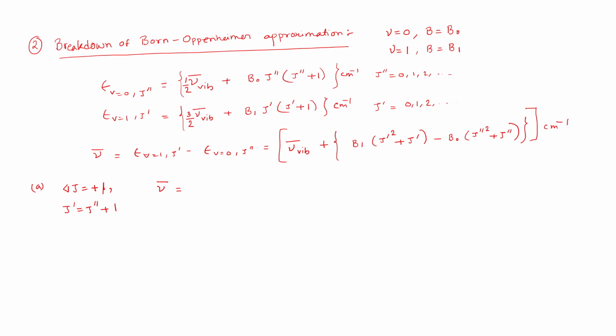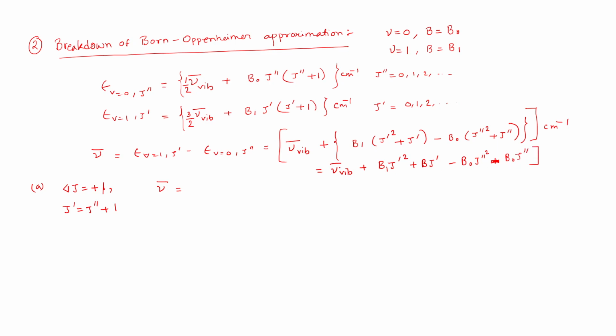We'll put the values of J prime first. Okay, so I'll just write it once like this. So you want me to write all the terms in J double prime, right?